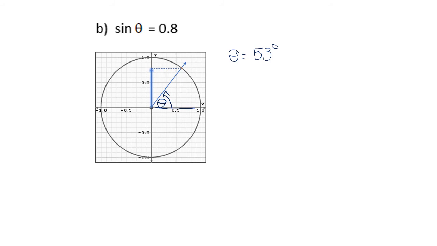But, and this might have occurred to you when I did that first initial blurry blue line there, I was going up the y-axis, and remember we're just talking about the top half of the circle today. Well, I have a line going across to here, but I could also go across to this side as well. Now we couldn't do that on the previous example with cos, because cos is an x value, and the x value only gave us one answer. But for sine here, I can get another answer.